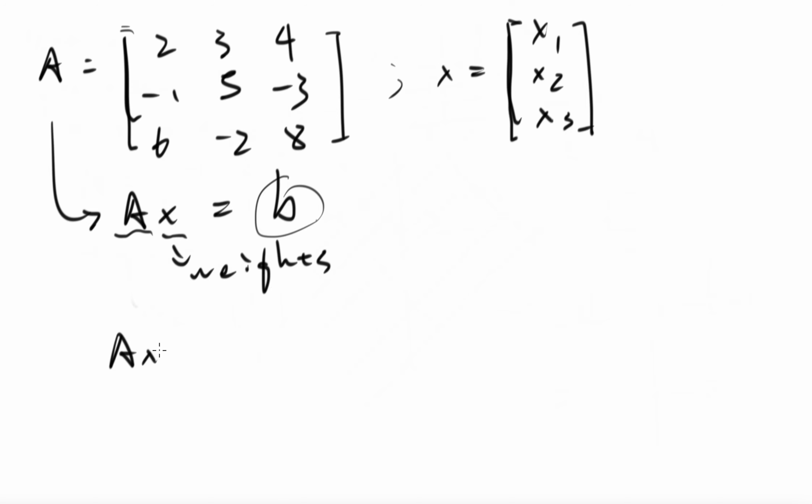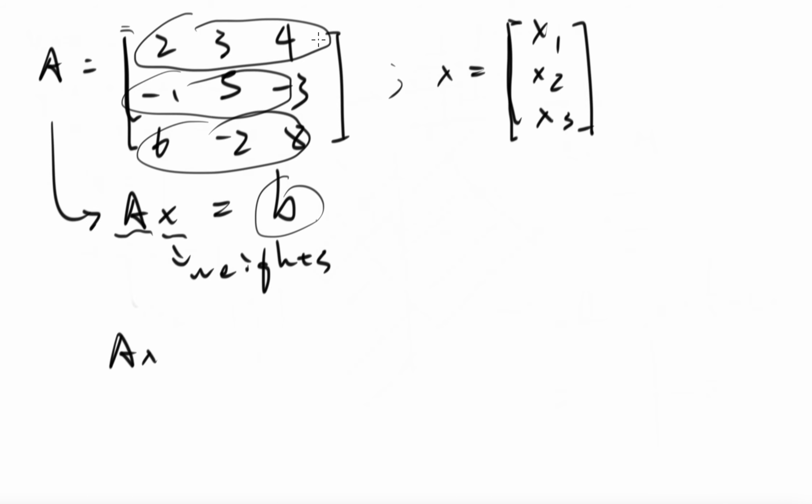A times x. When you look at the matrix, first row, second row, third row, each row corresponds to an equation in the collection of the linear system. For the first row, we got 2, 3, 4, corresponding to the 3 variables x1, x2, x3.